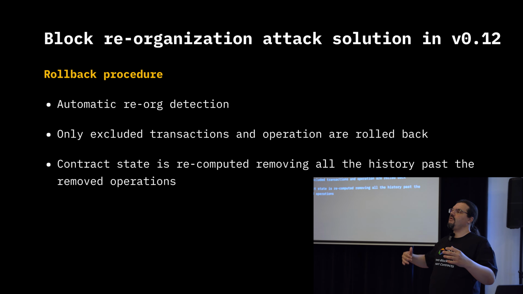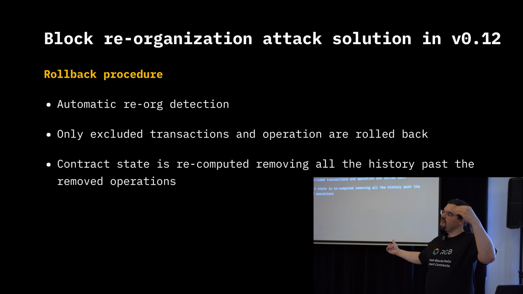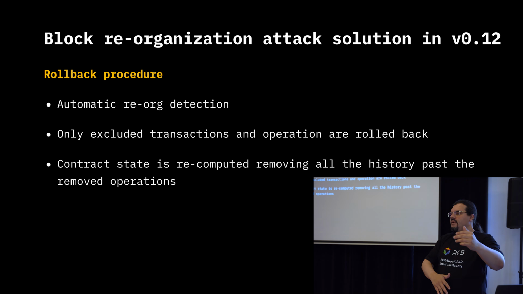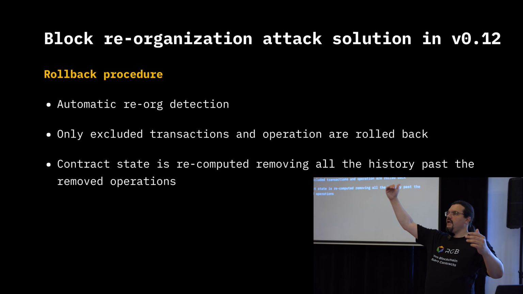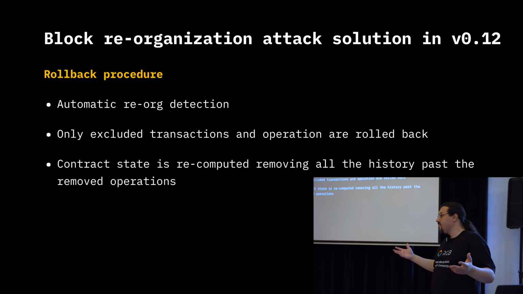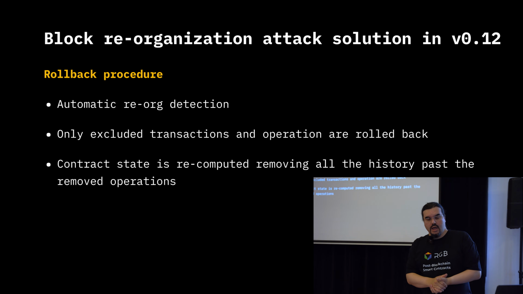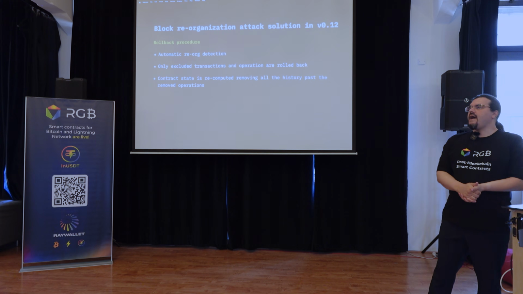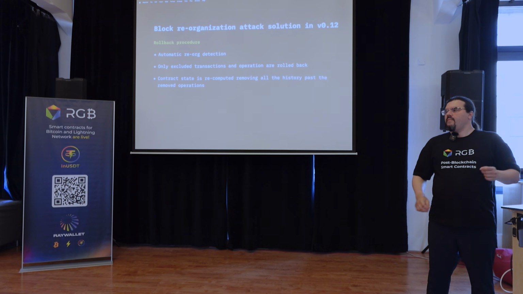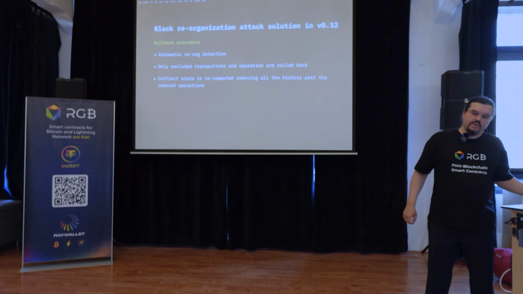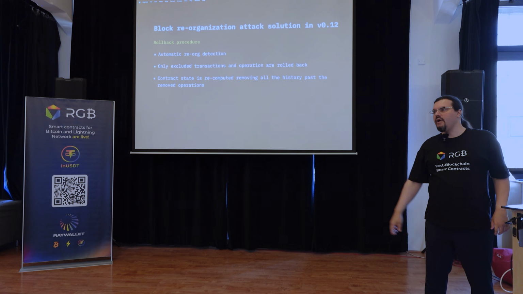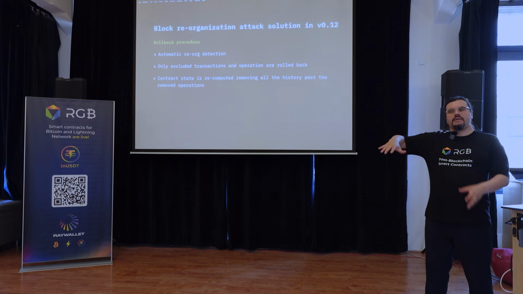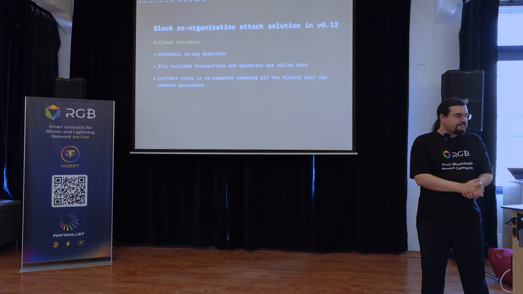So you can put a commitment to a later RGB operation into an earlier mined Bitcoin transaction, and then put the commitment to the earlier RGB operation into a later mined Bitcoin transaction. On one side, it brings a lot of privacy and utterly destroys all the chain analysis capabilities. On the other side, you can design an attack where you mine a deep RGB operation just in the most recent block, then do a reorg and revert a large part of the RGB history.